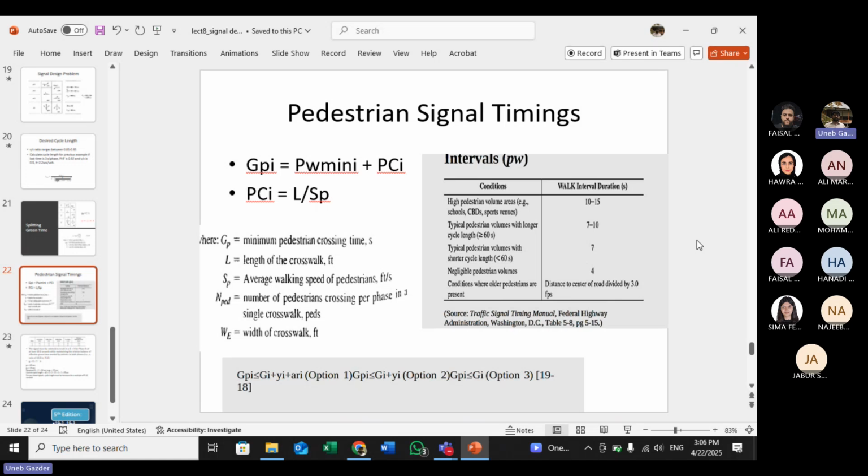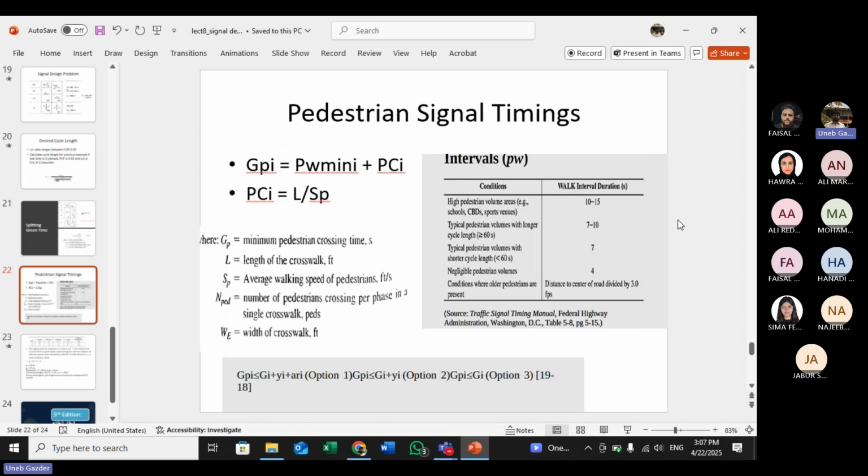Now for the other component, which is called pedestrian crossing time.